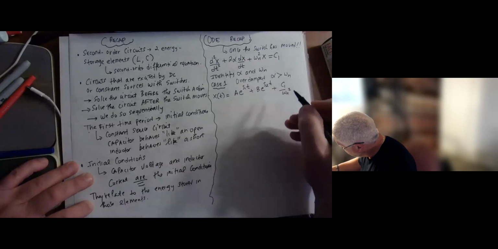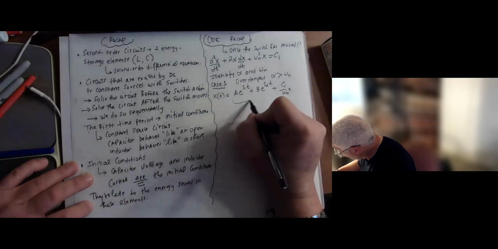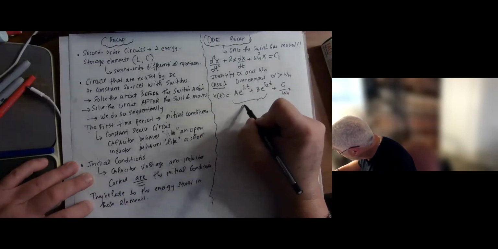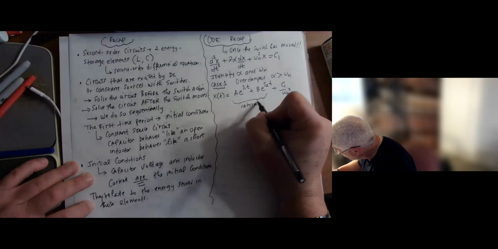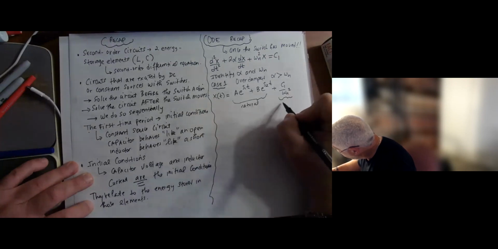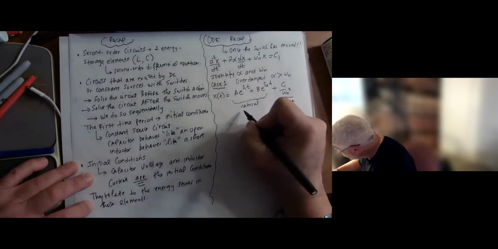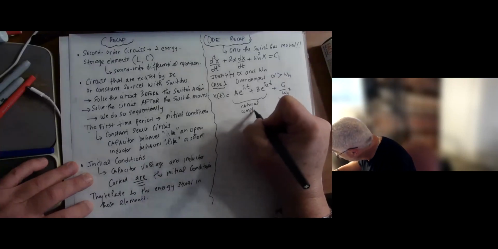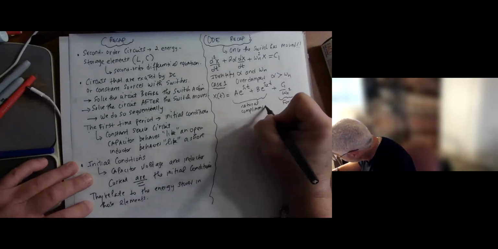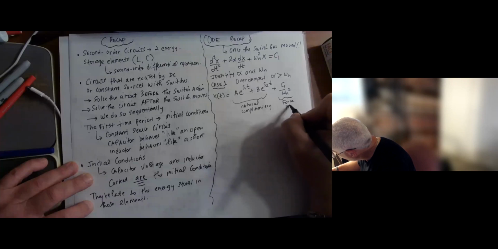The first part is what we call the natural response, and C1 over omega n squared is what we call the forced response. What your Math 45 calls the complementary, and this was called the particular.